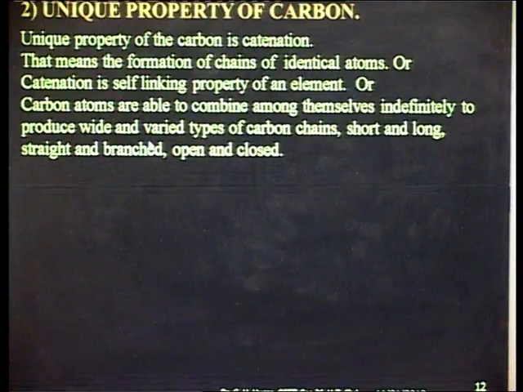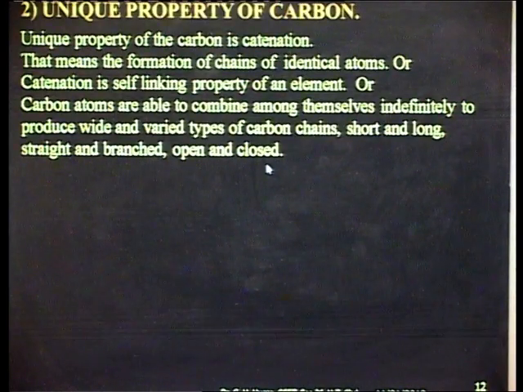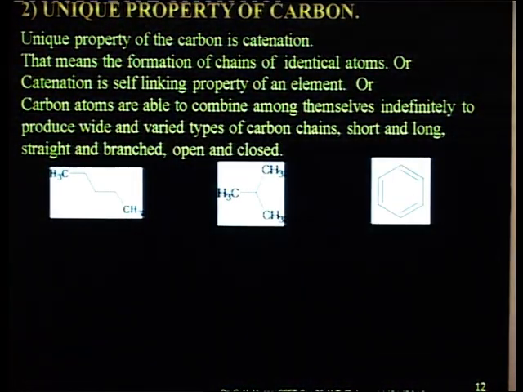Carbon atoms are able to combine among themselves infinitely to produce a wide variety of carbon chains: short, long, straight, branched, open, or closed chains, and it can form a huge number of molecules like this.